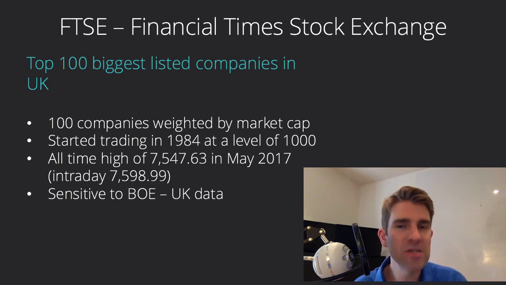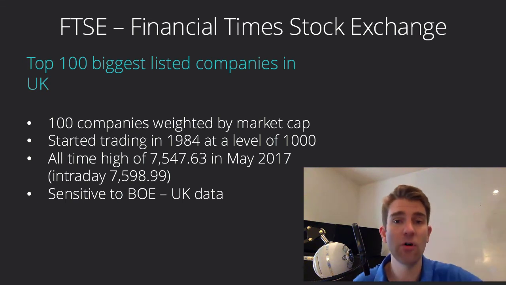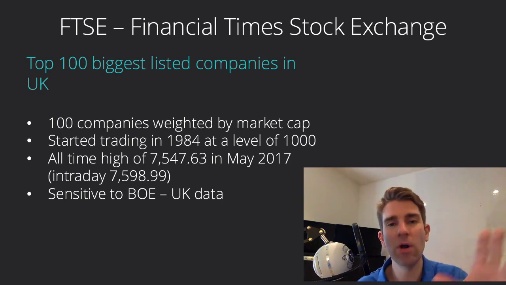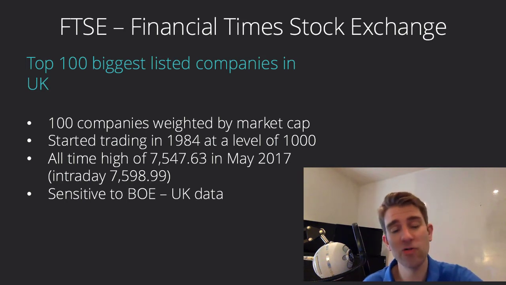For all intents and purposes, it's the same thing, but it's slightly different, so they can't call it a FTSE 100. So just a reminder, if you're looking for it on your platform, it's going to be in the major indices section or popular indices section or something like that, and it'll be under UK 100 or something similar. I would say 99% of the time it's UK 100.